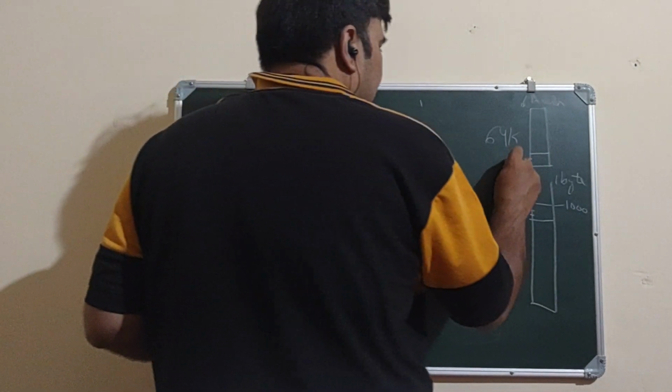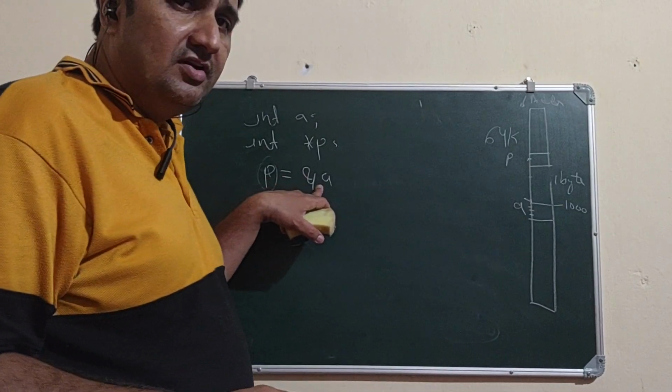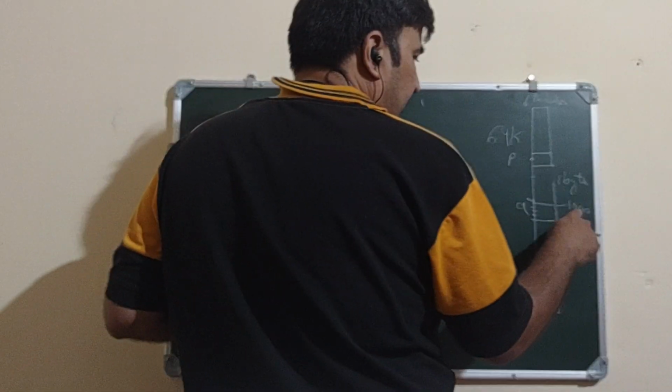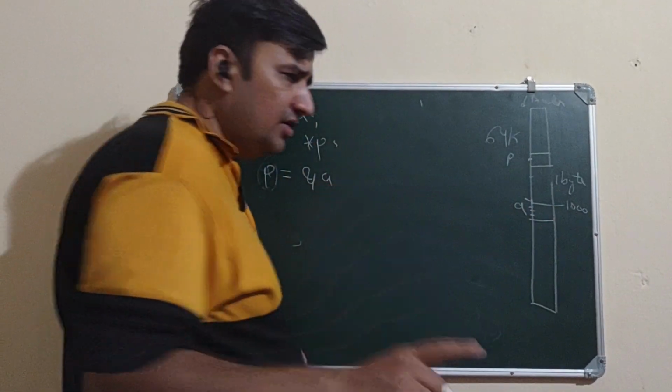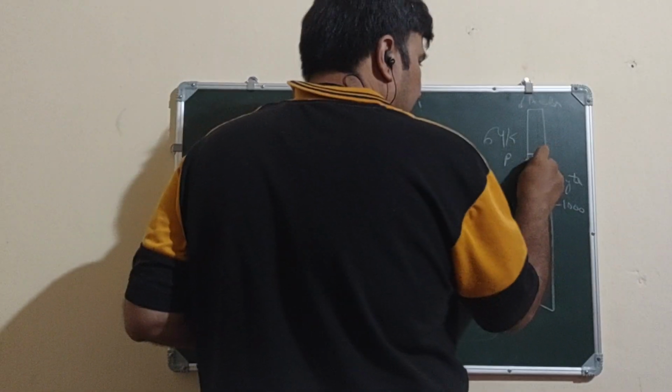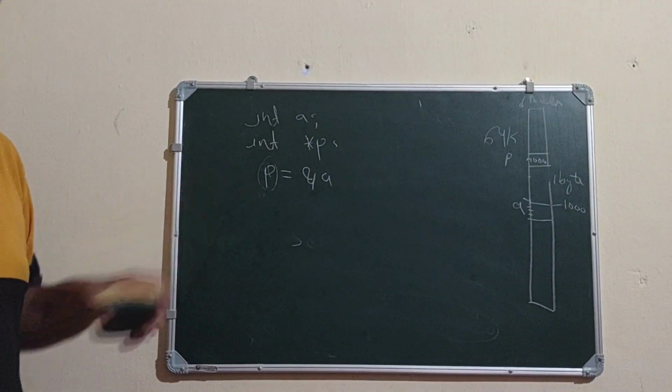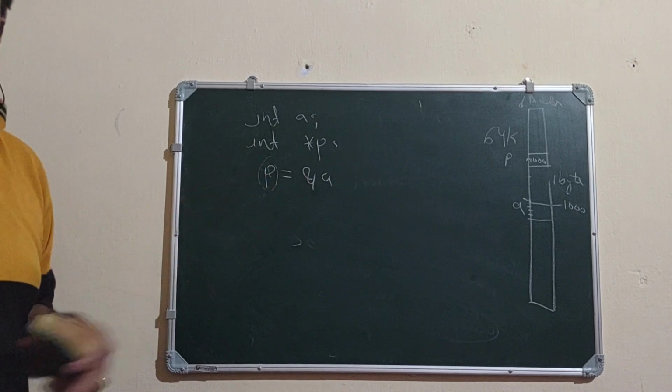Now p is pointing to this particular memory location when I created this variable. After that, when I write p equals &a, that is address of a, the first location of a is 1000. So here 1000 will come. So this is the way we create the variable.